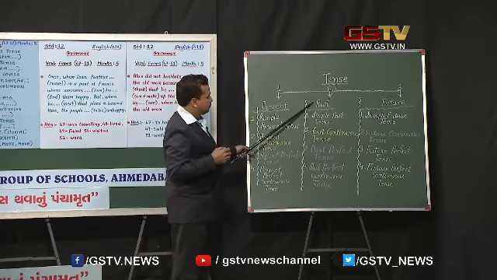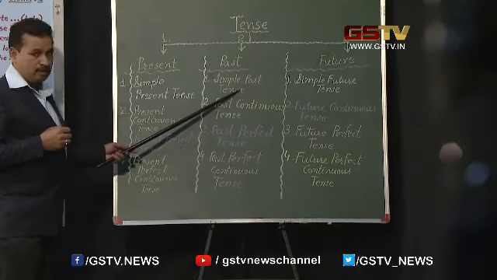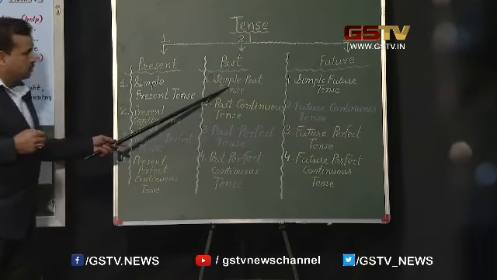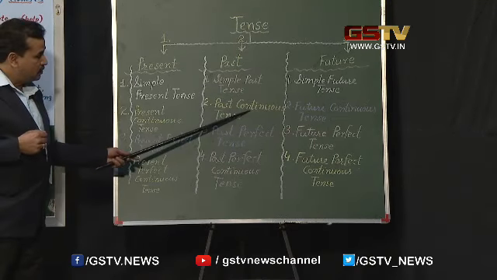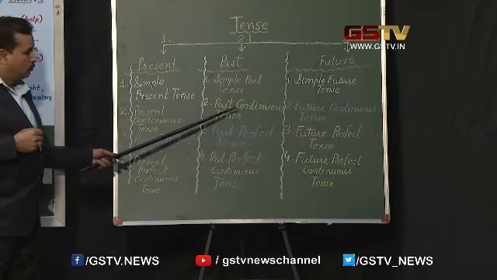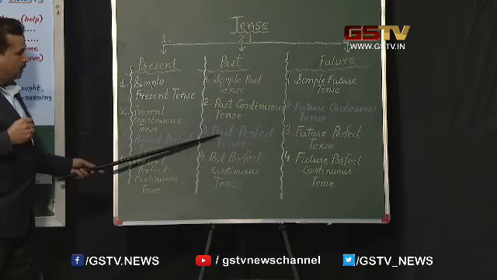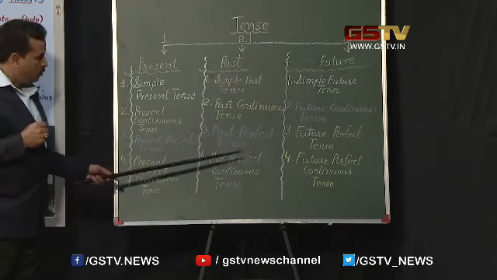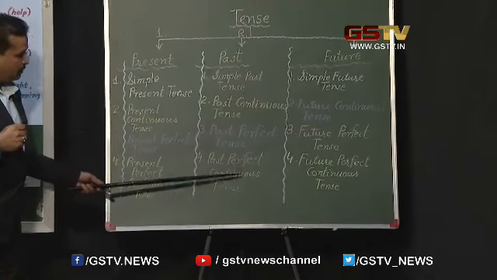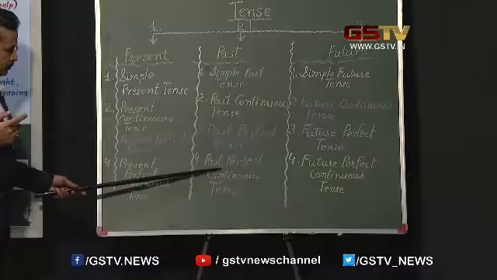Now, in past, if you are going to change simple past tense into passive voice, the structure would be was, were plus past participle. Second one is past continuous tense: was, were plus being plus past participle. Third one is past perfect tense: had plus been plus past participle. Fourth one, past perfect continuous tense, cannot be changed into passive voice.